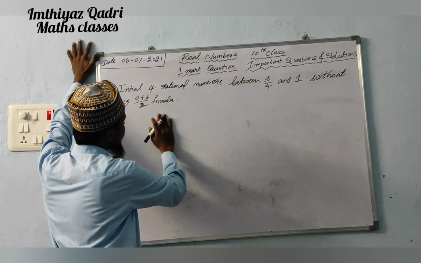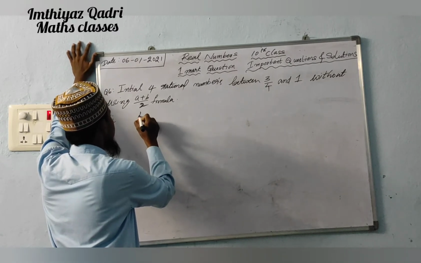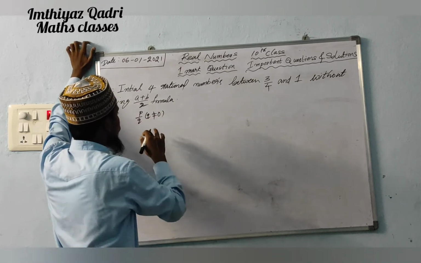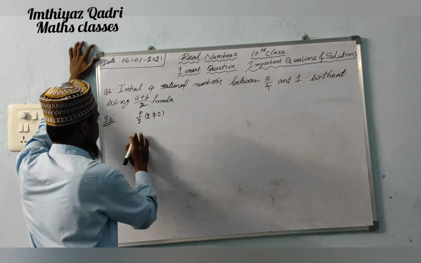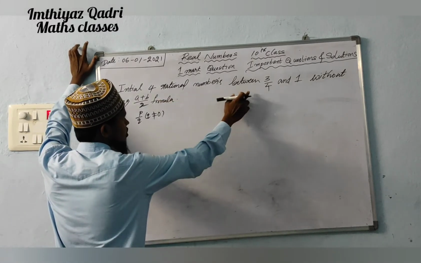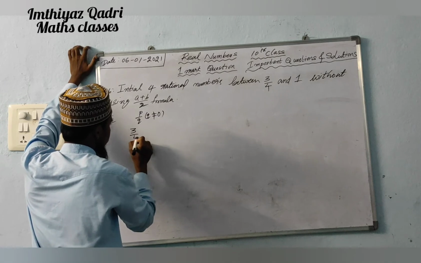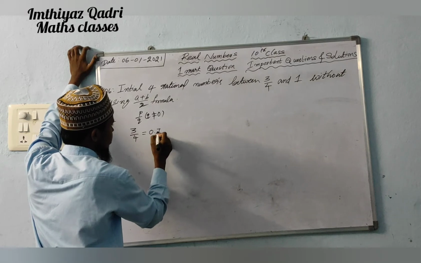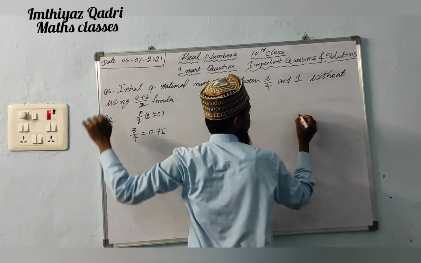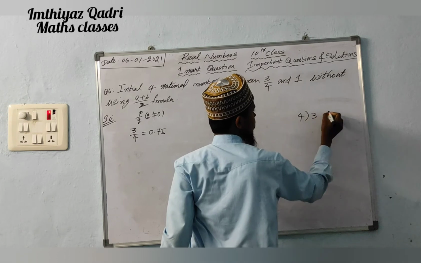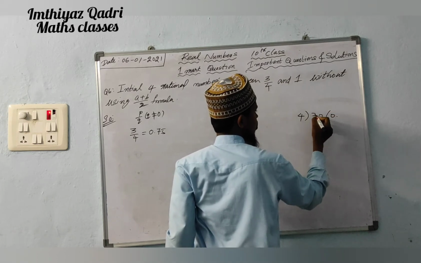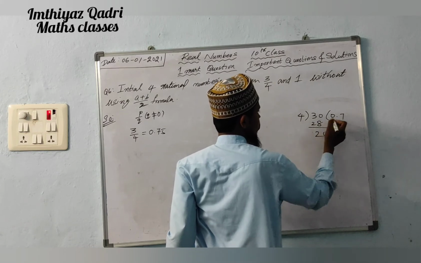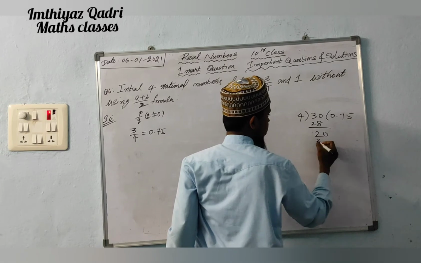Okay, a rational number means p by q: numbers in the form p by q, where q is not equal to 0 and p, q belong to Z. See here, 3 by 4 means 0.75. How? 4 divides 3 gives 0.75.